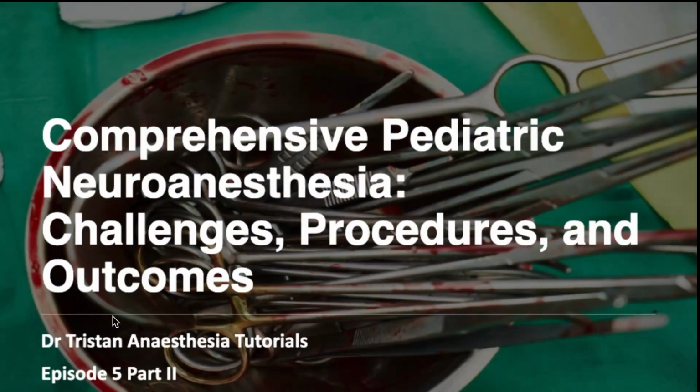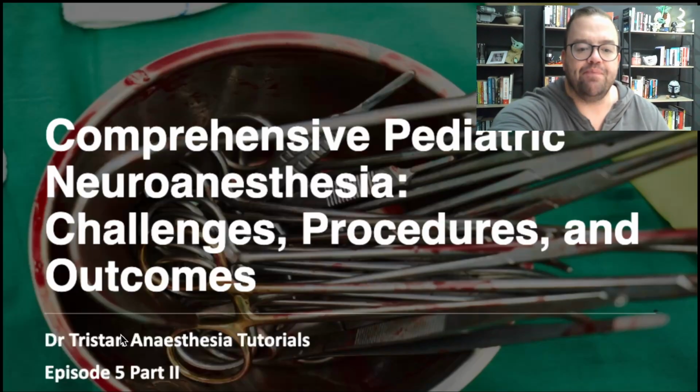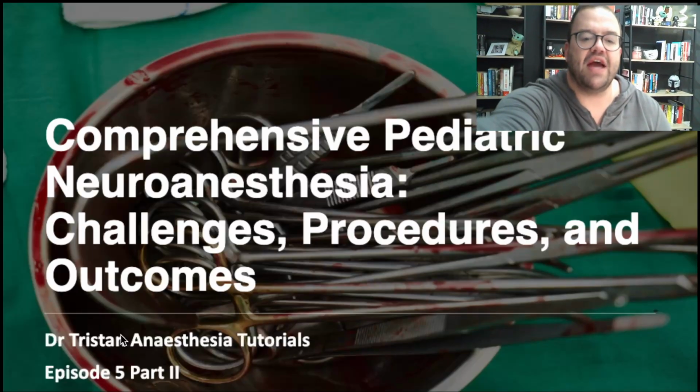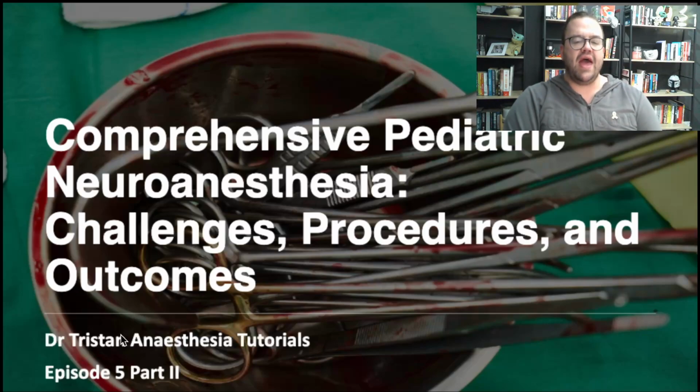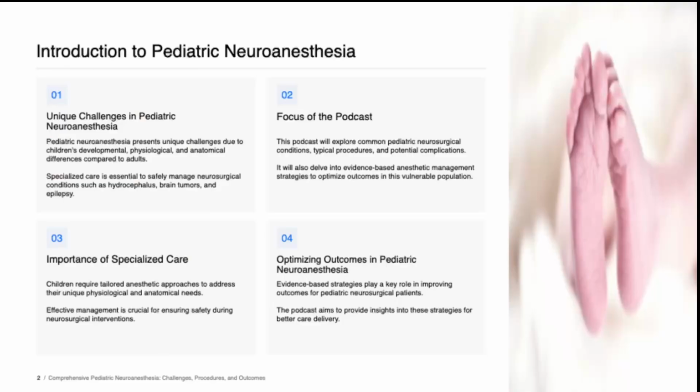So today we're going to go through a comprehensive pediatric neuroanesthesia approach. We're going to talk about the challenges, the procedures, and the various outcomes that are relevant to the pediatric neuroanesthetist. And I hope that you guys will find this an important and comprehensive approach. So what are we going to talk about? We're going to talk about the unique challenges in pediatric neuroanesthesia.